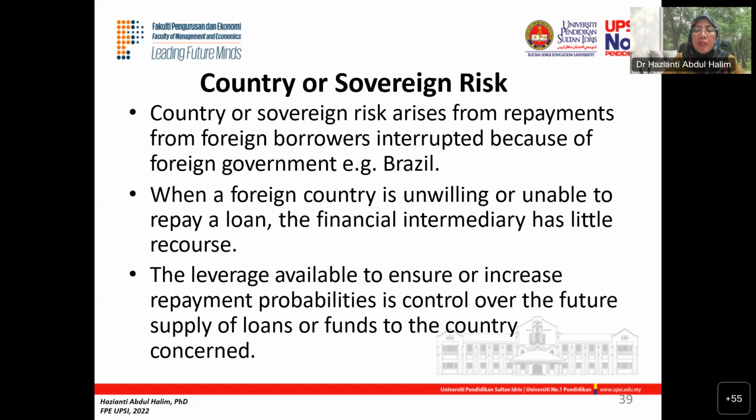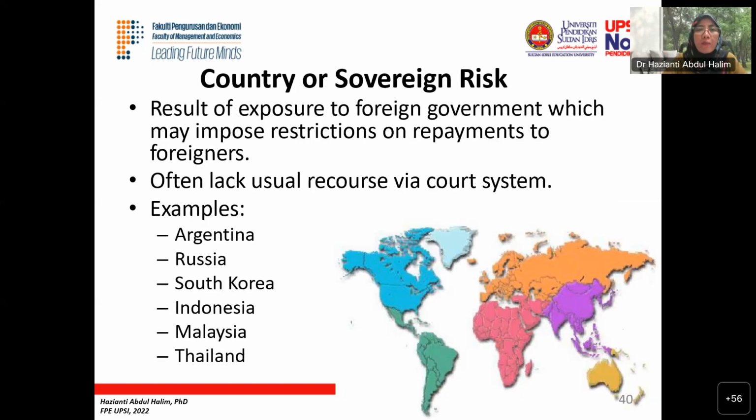So maybe the banks or the financial institutions will increase repayment probability ataupun kita kata ensure that the supply of loans or funds to the country tu dia take care of lah. So, result of exposure to foreign government, which may impose restrictions on repayment to foreigners.